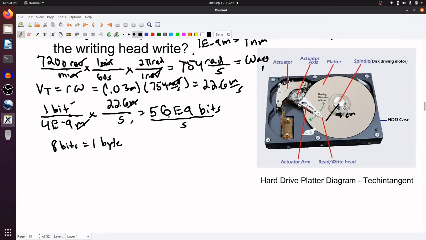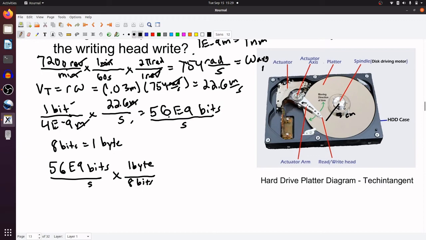So what I can do is take my 56 times 10 to the 9th bits per second, and I know that for every byte there will be 8 bits.